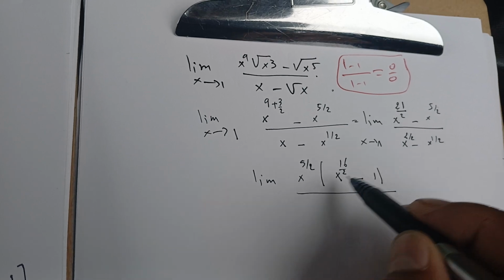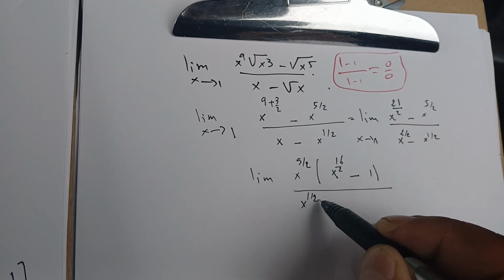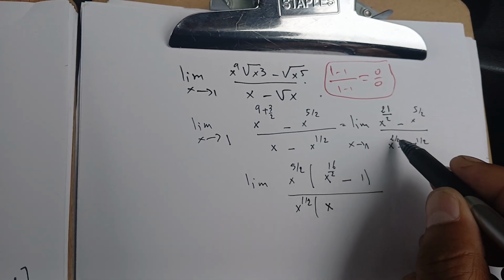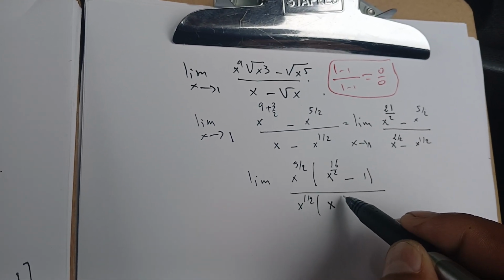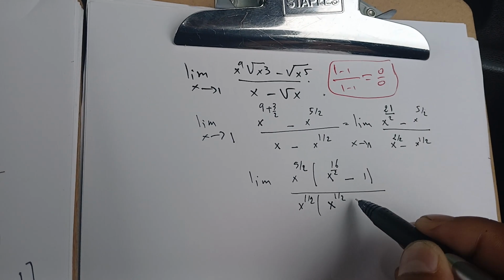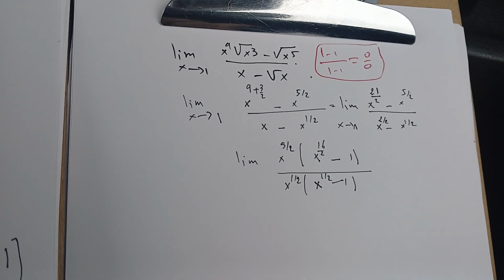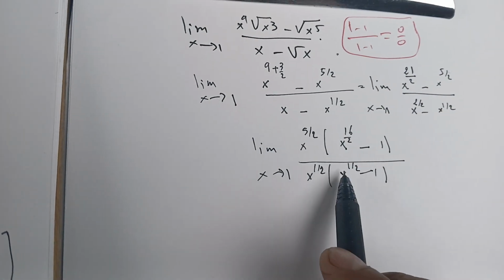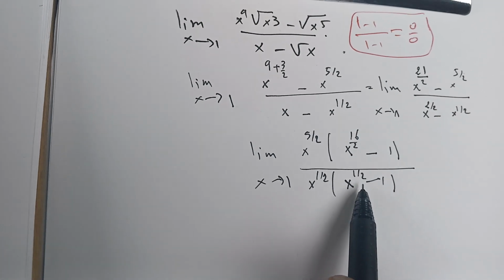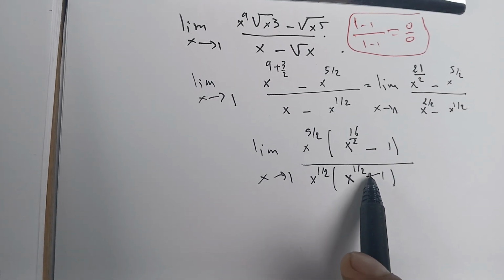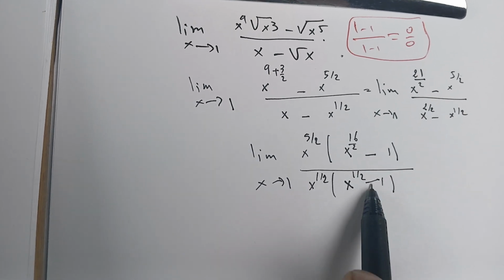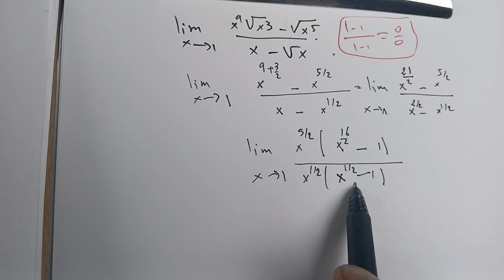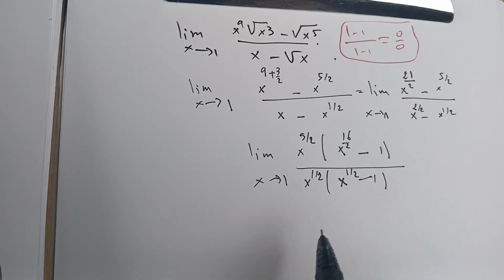If we try to factor by x to the power 1/2, we're going to get x to the power 2 over 2 minus 1/2, that's going to give us just 1/2, minus 1. Okay, so let's see if we still have the problem. So the problem didn't go neither from the top nor from the bottom, but we see if we multiply by the conjugate of the one down, we can solve this problem.